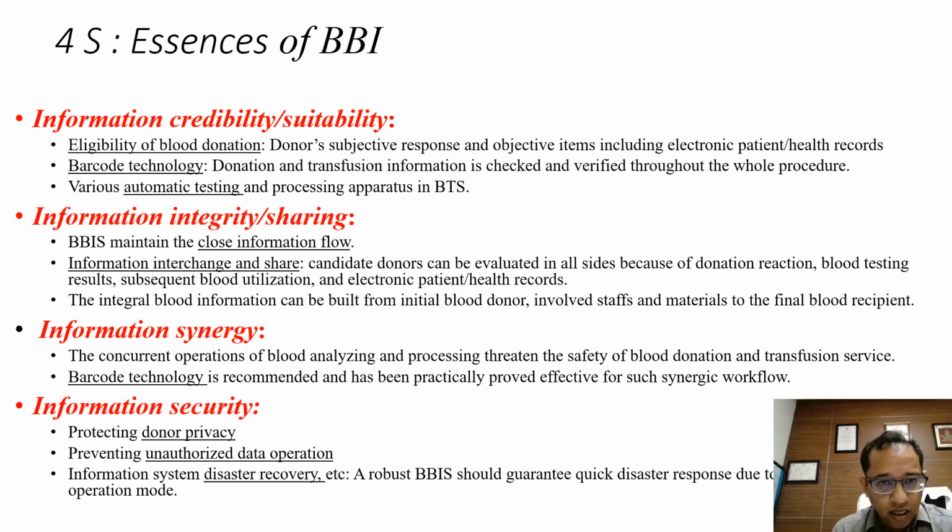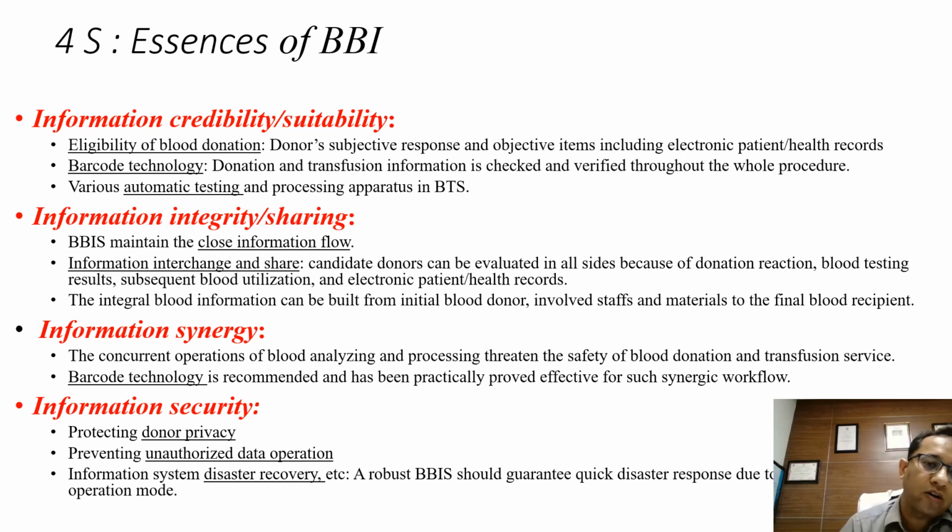Information sharing or integrity is that we should have a closed information flow. Paradoxically, at some time we should have an open system as well. Information interchange and share: candidate donors can be evaluated in all sides of the donation reaction, blood testing and result. And information synergy is the concurrent operations of blood analyzing and processes threatening the blood safety and transfusion service.